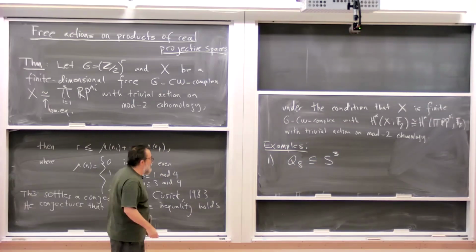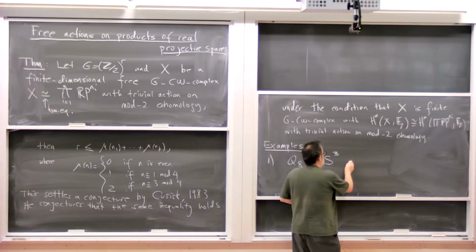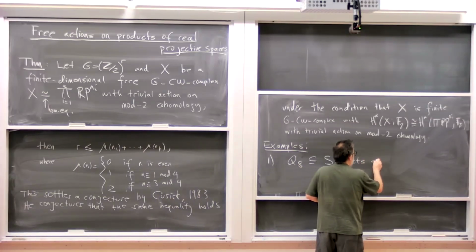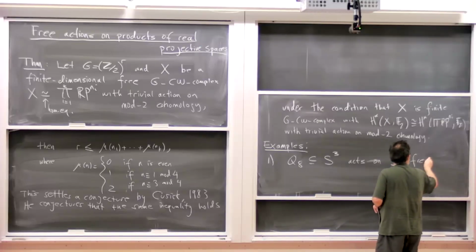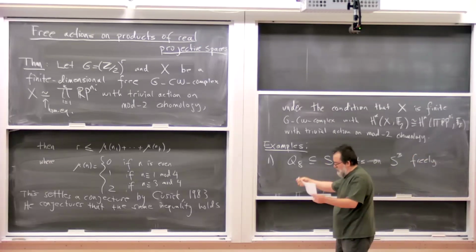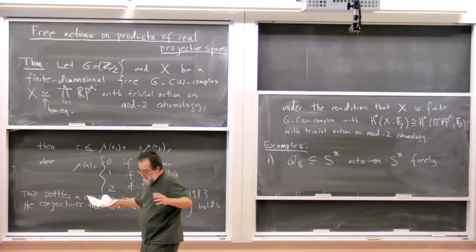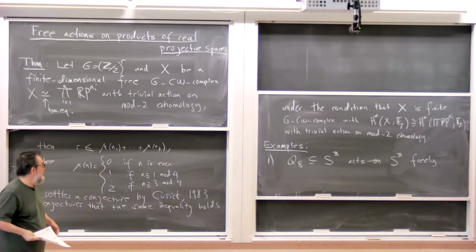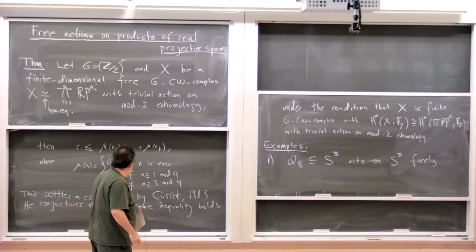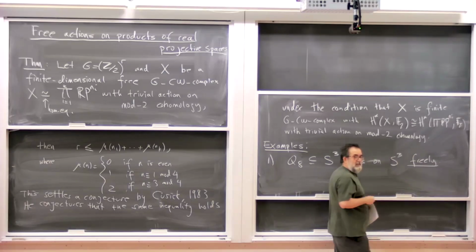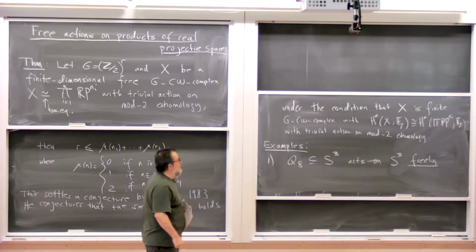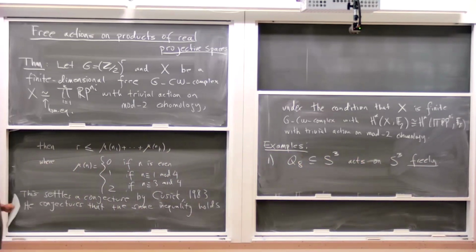So it acts on S^3 freely. This also comes from the four-dimensional real representation of Q8. By the way, free action means no non-trivial element of the group fixes any point on the space.